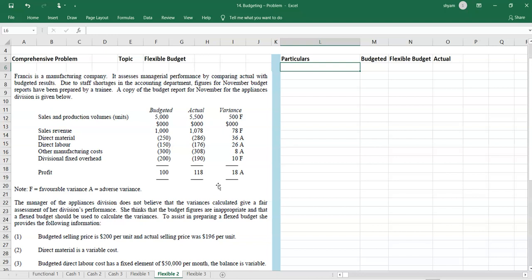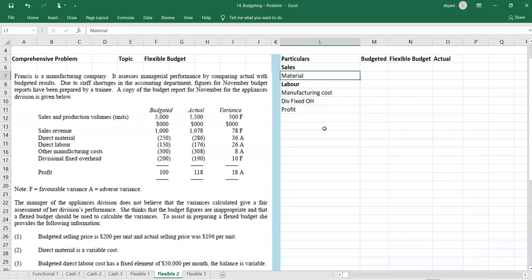So this sum has to be worked out in a lot of working notes. So let's start. So sales, material, labor, manufacturing cost and divisional fixed overhead, and finally they get profit.